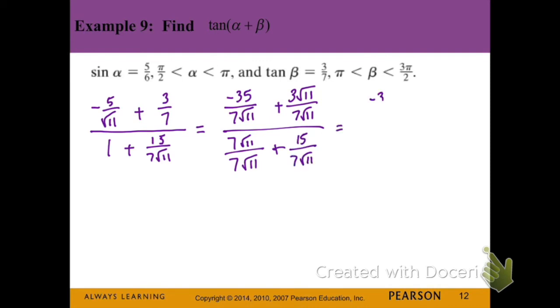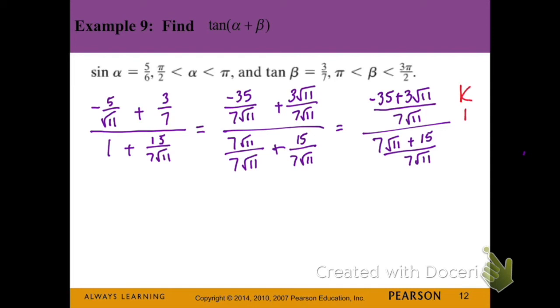Now I'm going to combine the top two fractions and combine the bottom two fractions. And then I'm going to keep flip change. So keep the numerator the same, flip the denominator, and change to multiply.